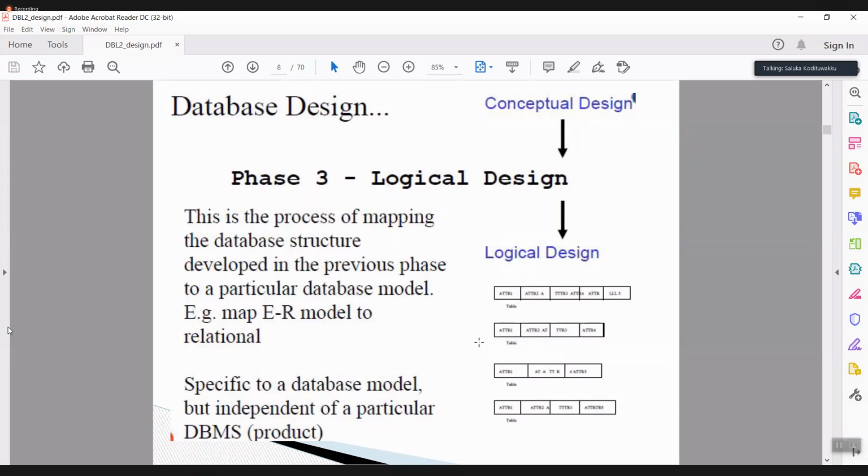That is where we talk about these entities, their attributes, how to relate them, and what is the unique attribute for identifying the instances of those entities. Basically, we can say that it is the blueprint of the database.